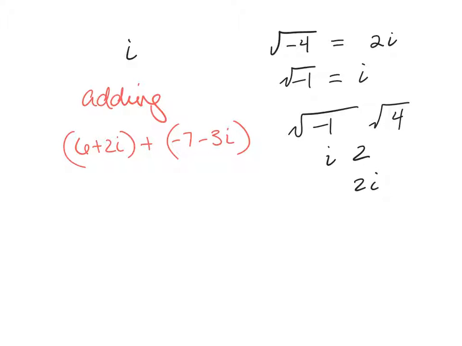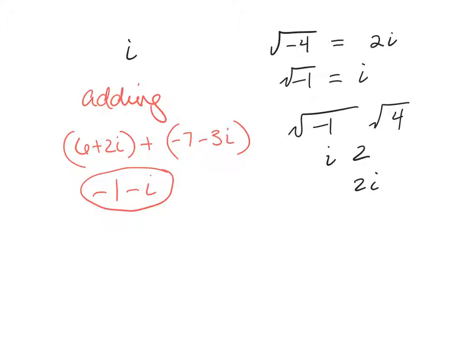And all you're doing is you're adding the real part, which is the 6 and the -7, and then the imaginary part. So it's kind of like adding variables. So adding is pretty basic. So 6 plus -7 is -1, and 2i minus 3i is -i.